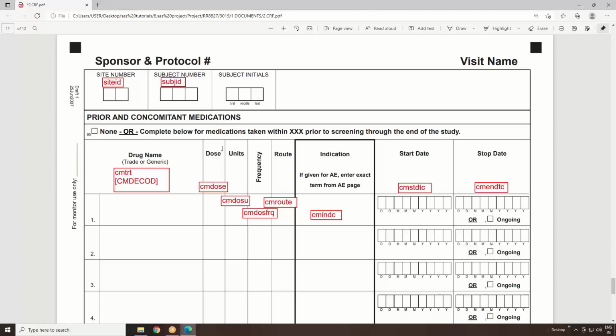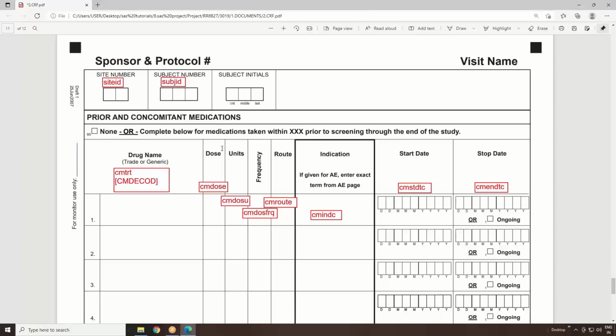To reduce those side effects, the doctor has given some medications. Those medications we call concomitant medication. Let's say the person suffers from stomach acidity, maybe the doctor has prescribed Gelusil to reduce that stomach acidity. So that Gelusil is going to be a concomitant medication.